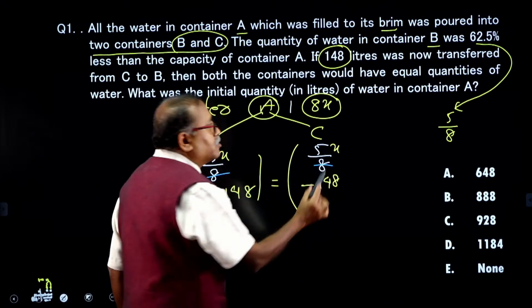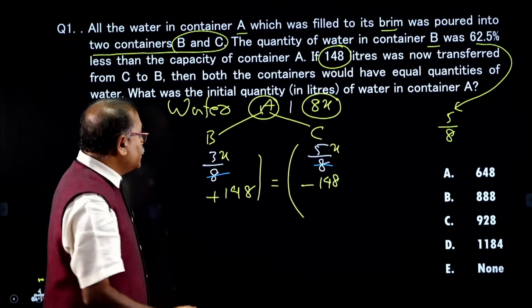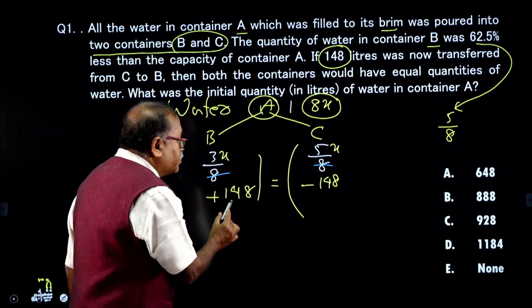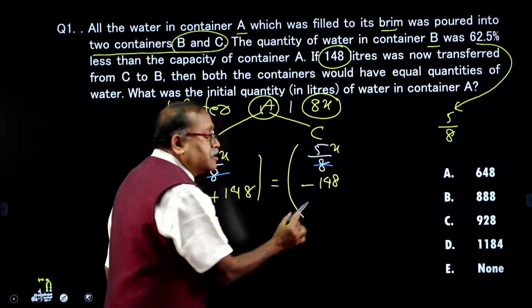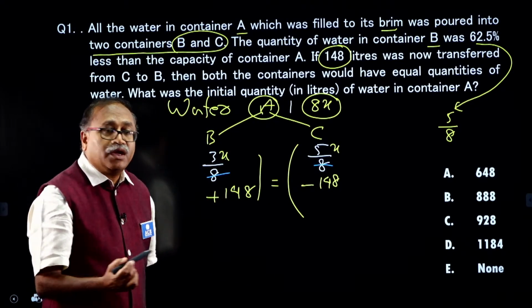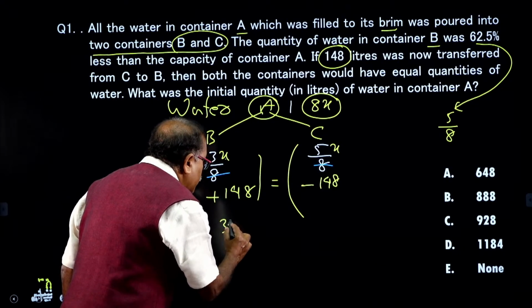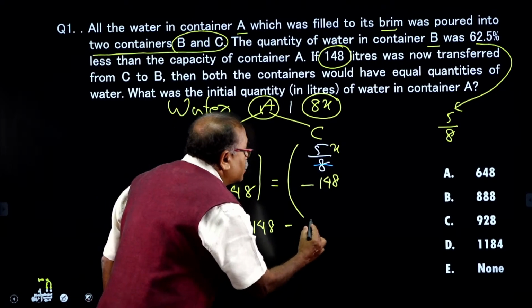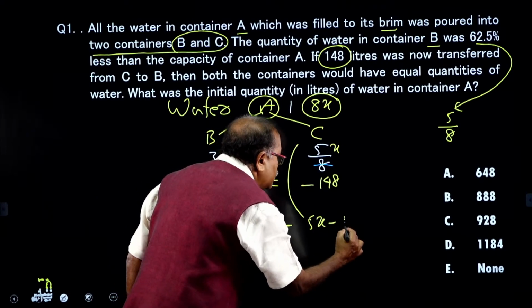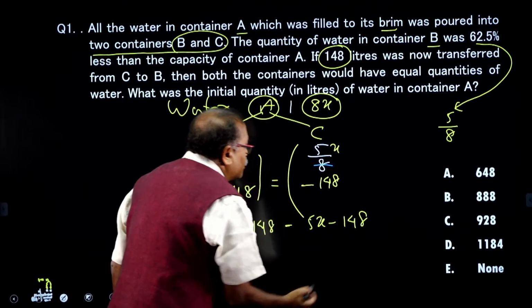You are asked how much is 8x? Given to us is 3x plus 148 is equal to 5x minus 148. I am just writing over here 3x plus 148, which is equal to 5x minus 148.